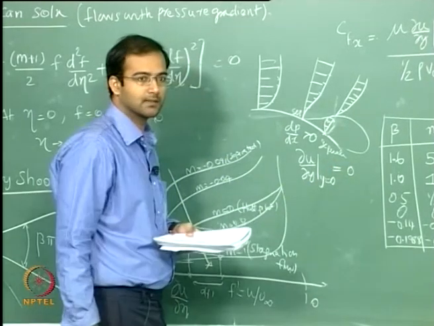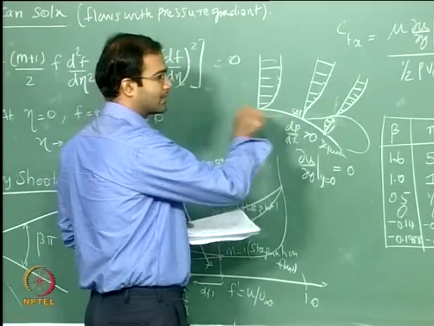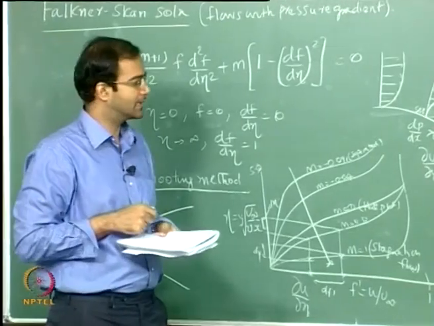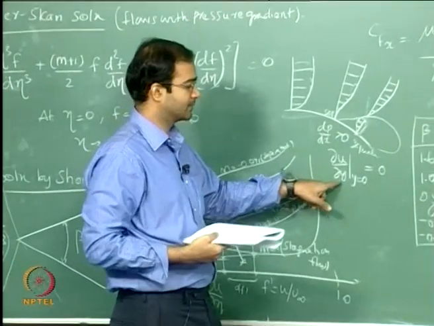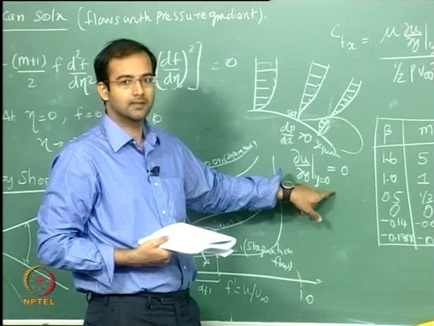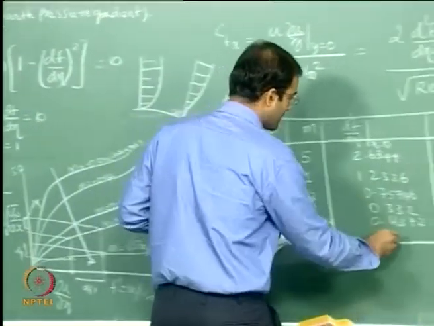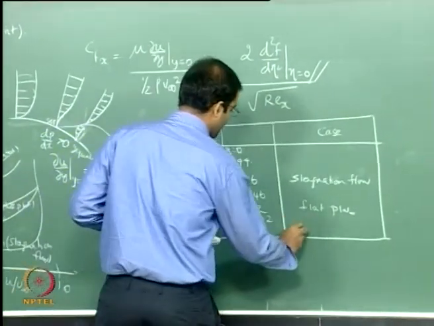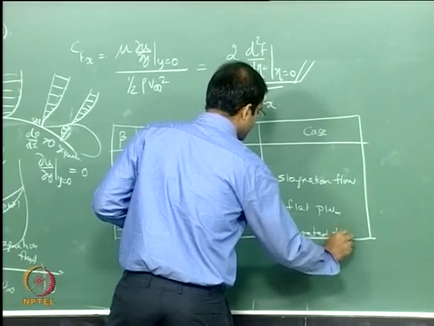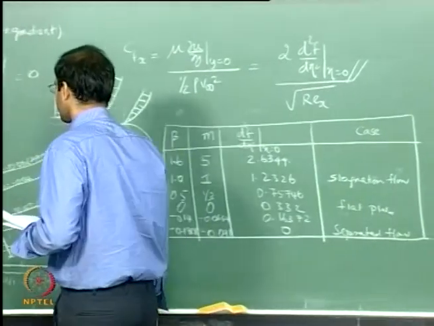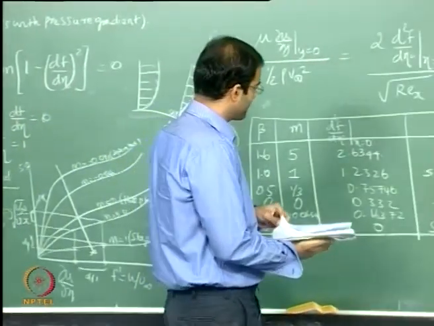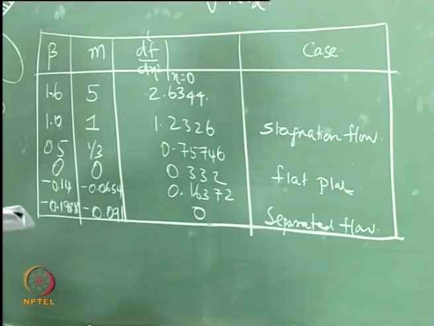This is the case. Okay. Once it is separated, what is the condition there? It should be negative. Okay, therefore what will happen to curvature when it is at the separation state? 0, right? So this has to be 0, and this is a separation case, separated flow. Alright, so I think this is giving you the final summary.